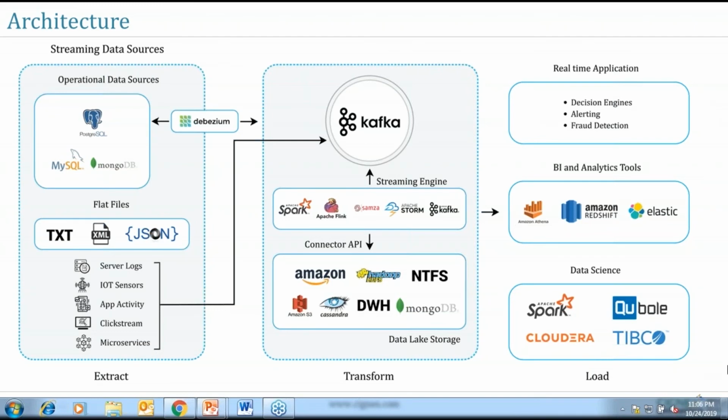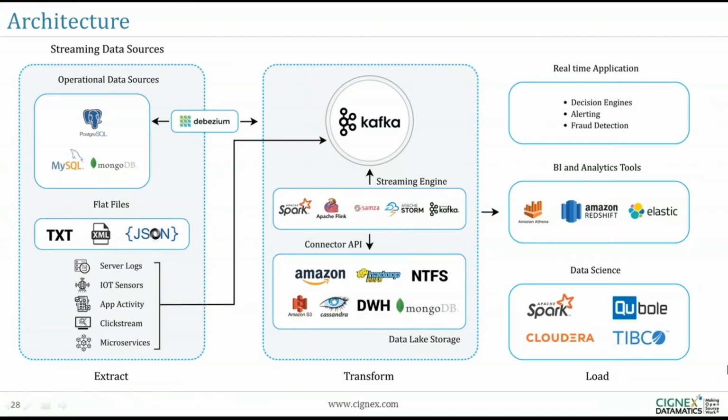That is the third part of the stream, right? This data can be useful for a real-time application where a decision engine would be consuming it and deriving some decision. You can use it for alerting that works more on the infra side, showing what is happening.